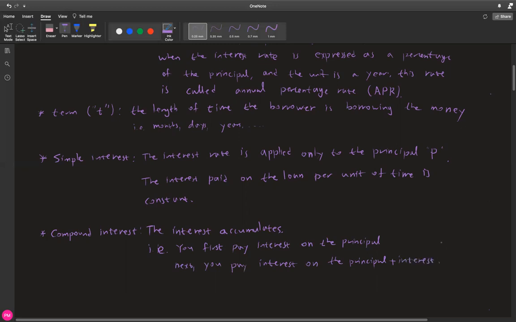This may sound a little confusing, but we're going to go into more details when we're actually going over compound interest.